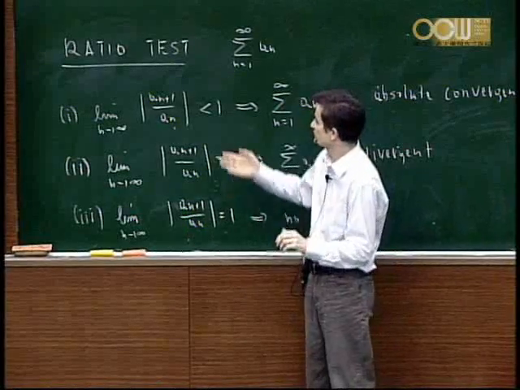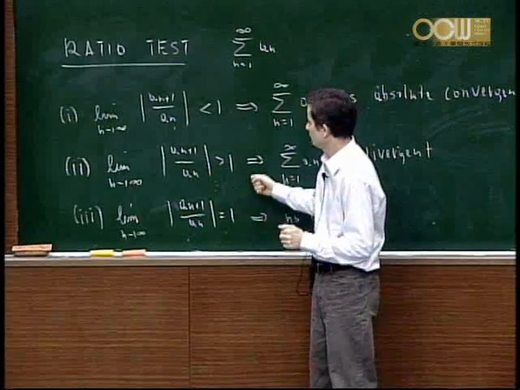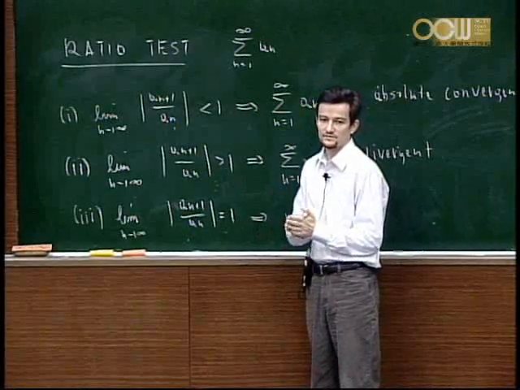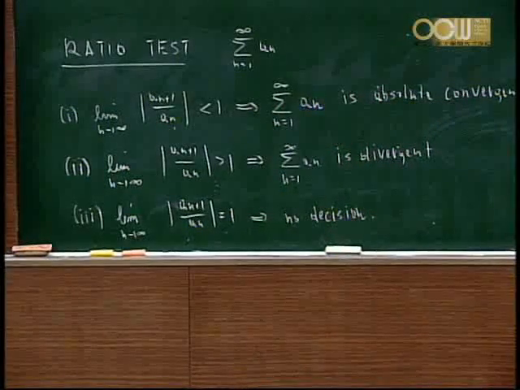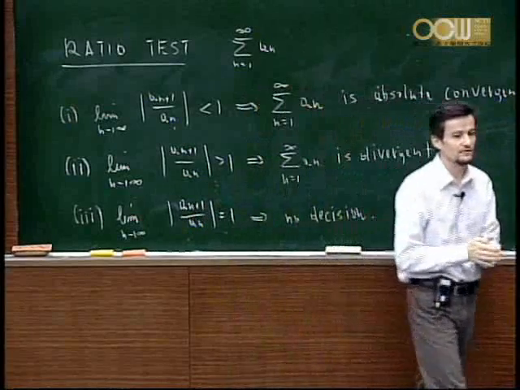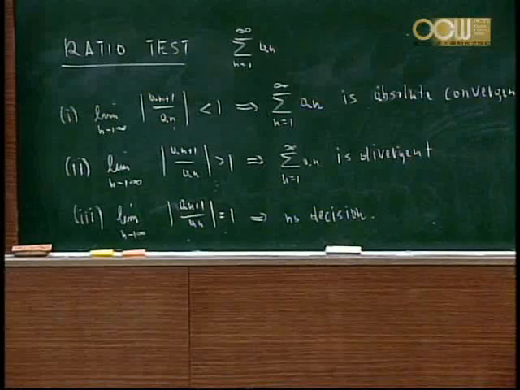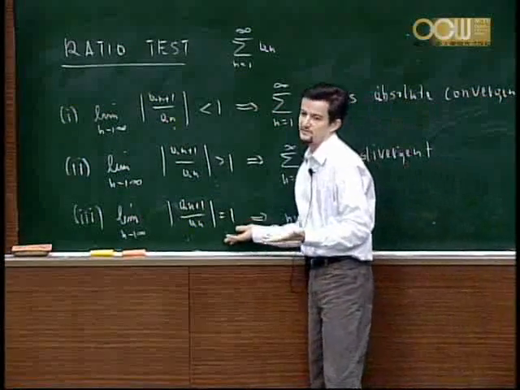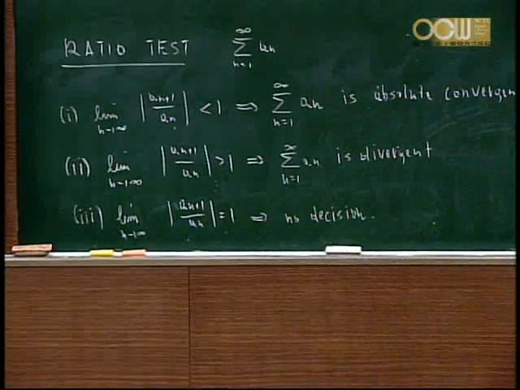This is a better condition to check for the comparison test, and this is just a test for divergence. In this case I do not have a conclusion anyway. But normally, this is one of the best tests which we will learn in this lecture, and which will clarify the convergence behavior for many series, unless you are at the boundary, then you have to use some different tool.